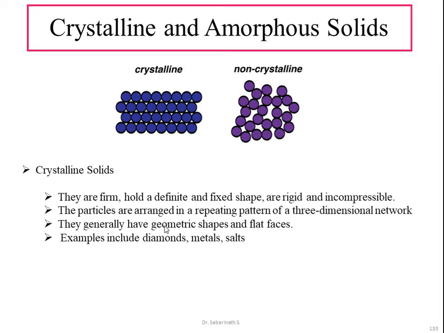They generally have geometric shapes and flat faces, whereas amorphous or non-crystalline materials don't possess that. Examples of crystalline solids are diamonds, some metals, and some salts. All these things possess crystalline structures.